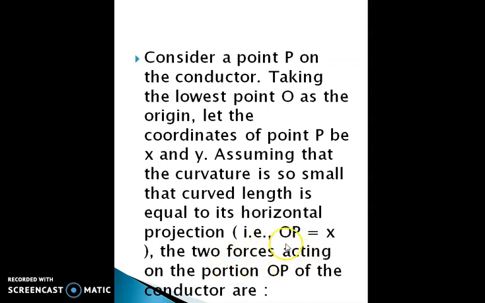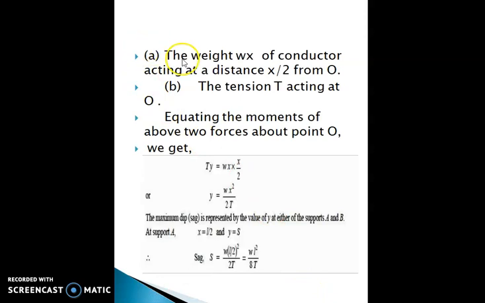The two forces acting on the portion OP of the conductor are: first, the weight w x of the conductor acting at a distance of x by 2 from O; second, the tension T acting at O. Equating the moments of the above two forces about point O, we get T y is equal to w x into x by 2. That implies y is equal to w x square by 2T.